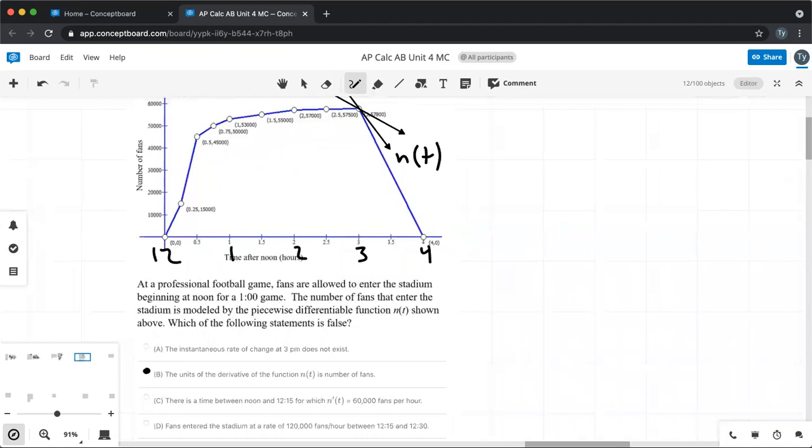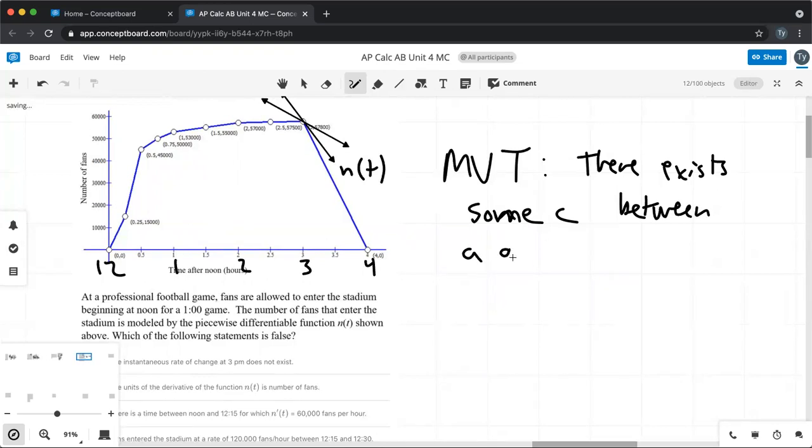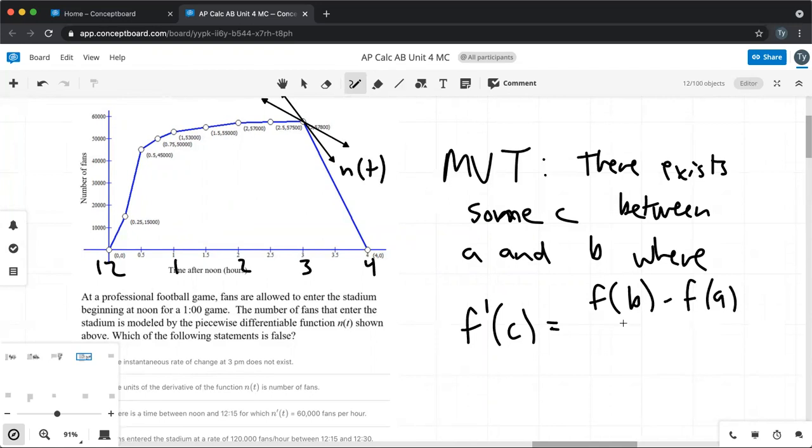So mean value theorem states that there exists some c between a and b, these are x values, where f prime at c is equal to f of b minus f of a over b minus a.